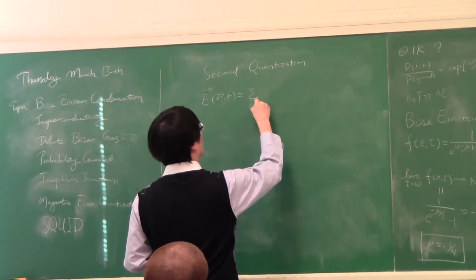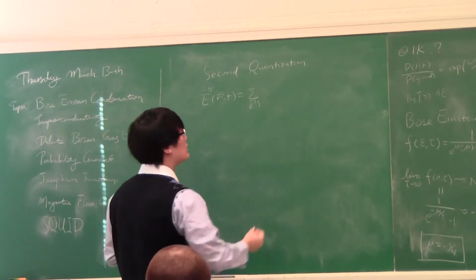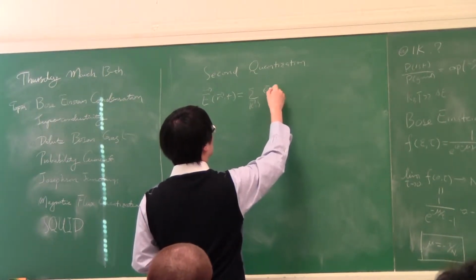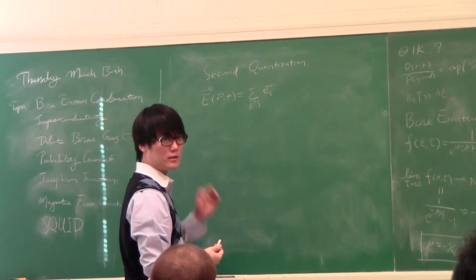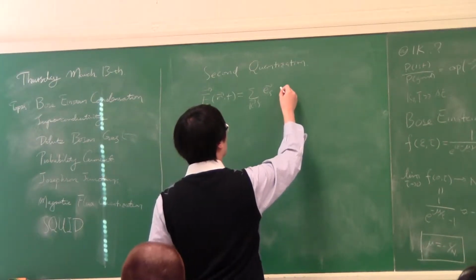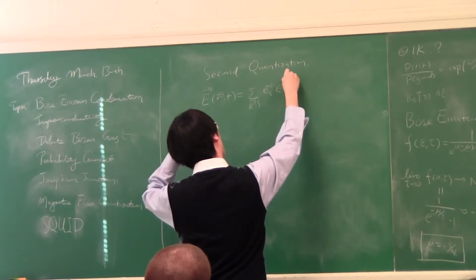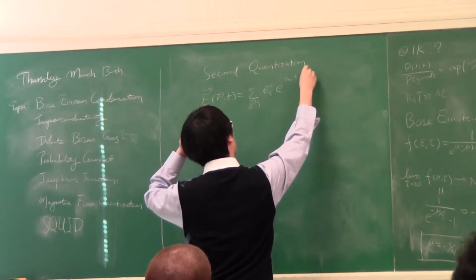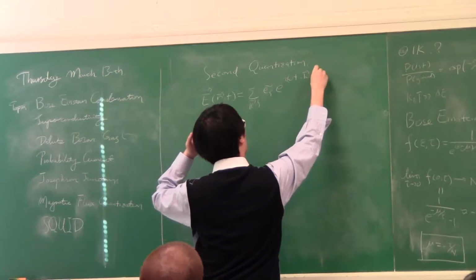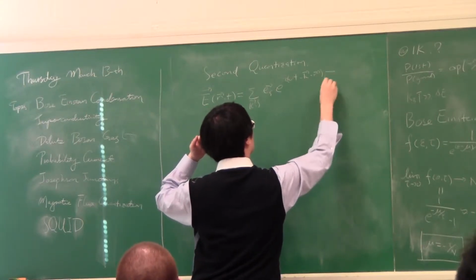We sum over k and over the two polarizations, each given by a polarization vector, and the mode, times a square root of something.